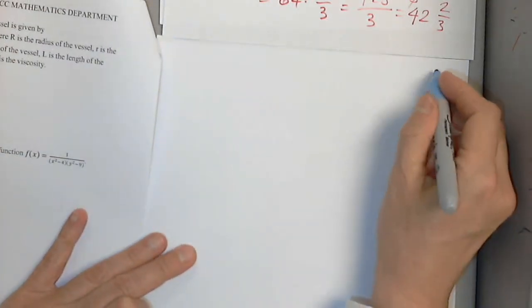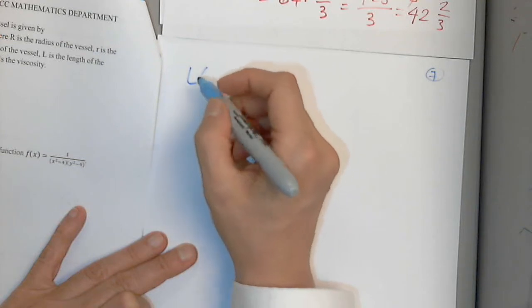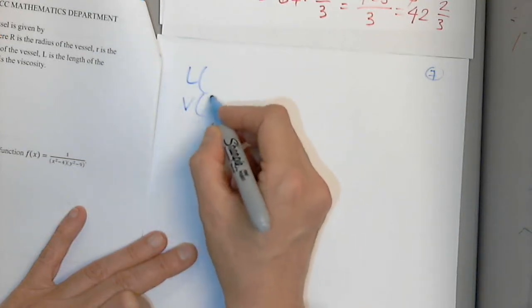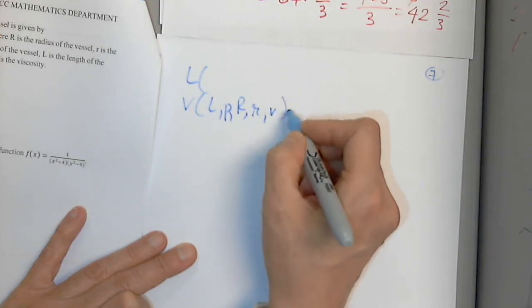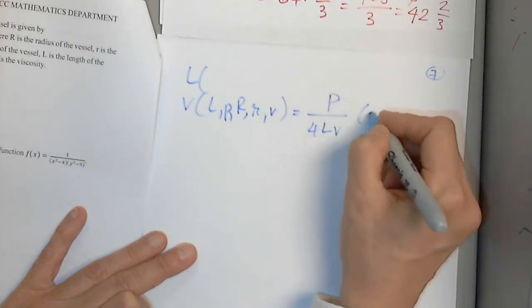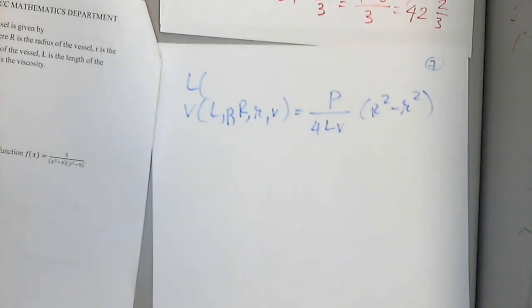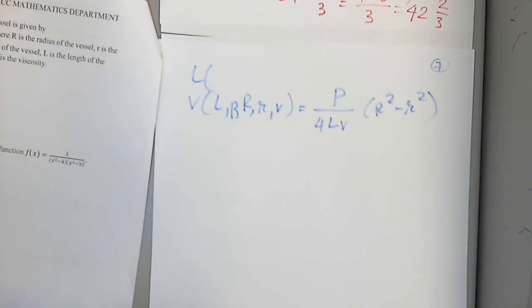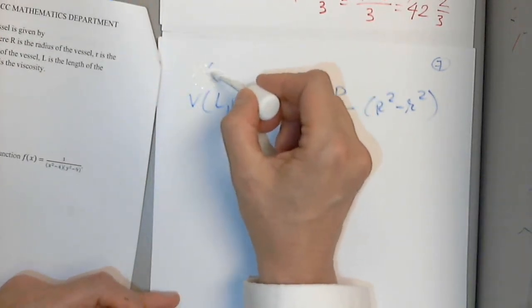So here's 9. We have V of L, P, R, little r, and V. So it's P over 4 LV, R squared minus r squared. All they want us to do is find V of the given numbers. That's all you do.